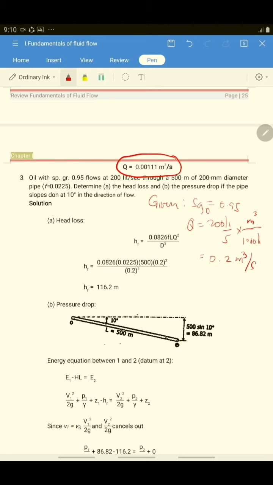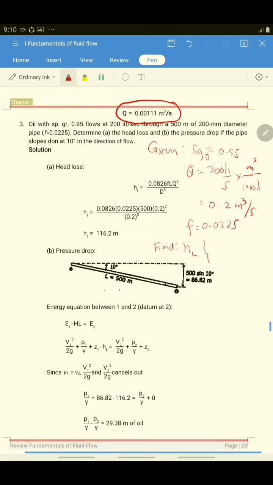Okay, then another given, you have your f value, 0.0225, and you need to find the head loss, then the pressure drop.